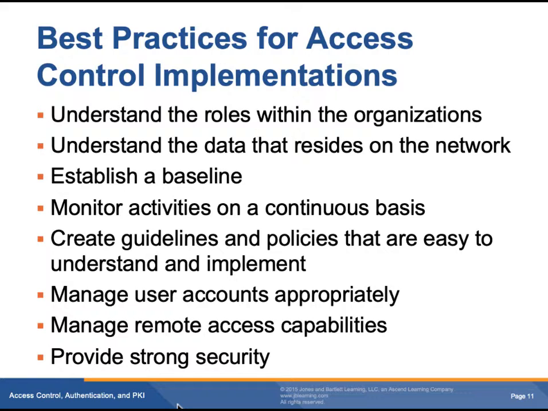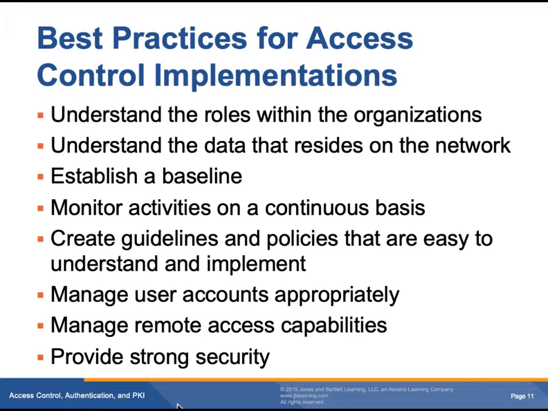Best practices for access control implementations involve these 9 aspects. The first one, understand the roles within the organizations, roles of individuals, their responsibilities. Number 2, understand the data that resides on the network. Number 3, establish a baseline. You always want to establish a baseline because then you can measure against that baseline.